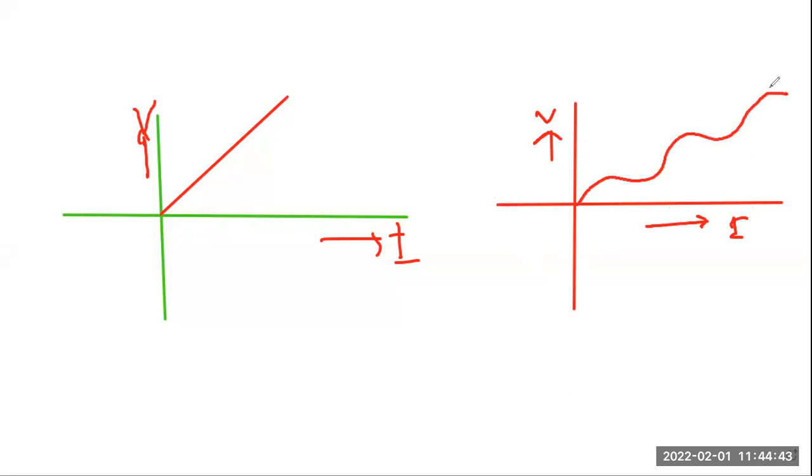So what is this? Is this linear or non-linear? Non-linear. Correct. So the VI characteristic enables us to identify whether the element is linear or non-linear.